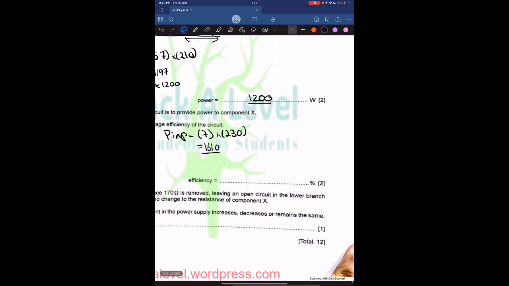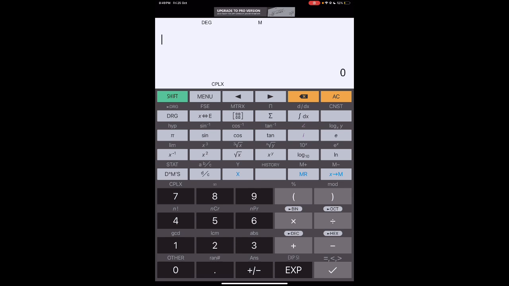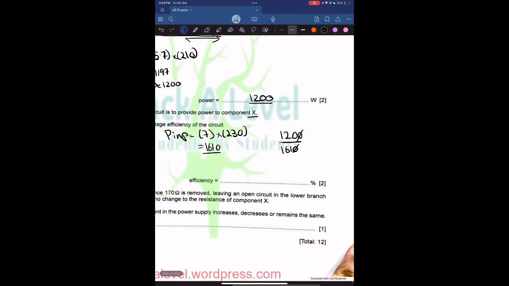And it's saying provide power to component X, so it should be 1200 upon 1610, cancel the 0, 120 divided by 161 multiplied by 100. So I'm getting 74.5. Round this off to two significant figures, I'm getting 75.